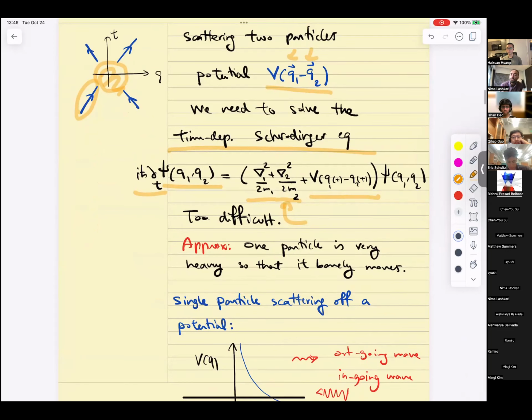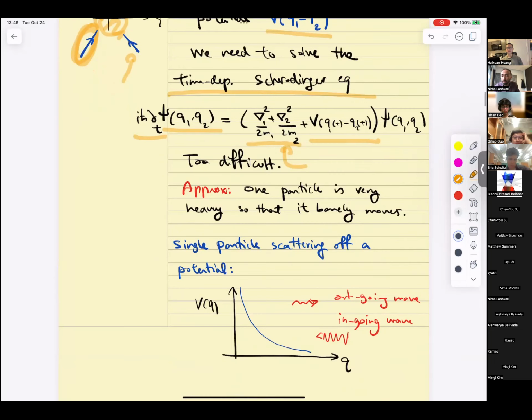To justify this regime, one way to think about it is, imagine one of the particles is very heavy, so its Q is barely moving under the interaction with the other one. So we can view it as some sort of a fixed potential because its position is not changing. And this other particle is interacting with that potential.